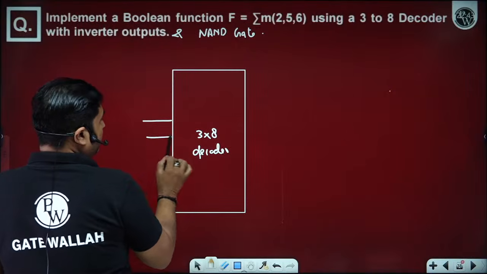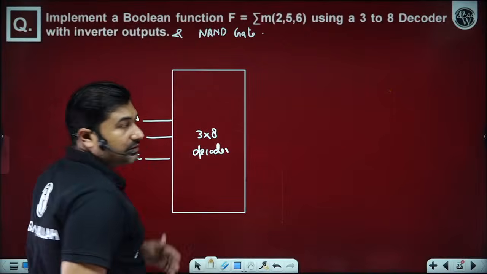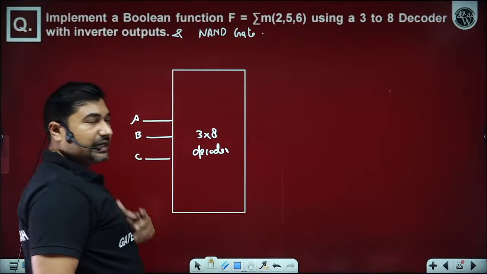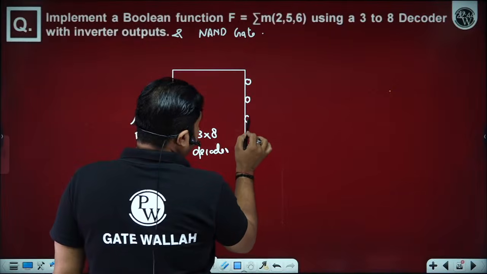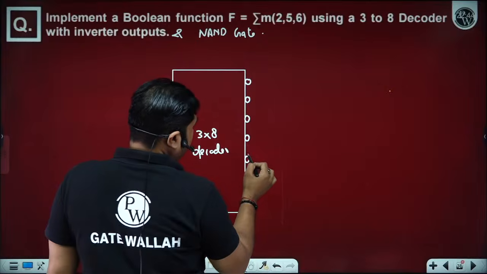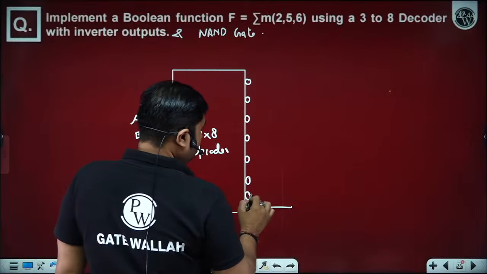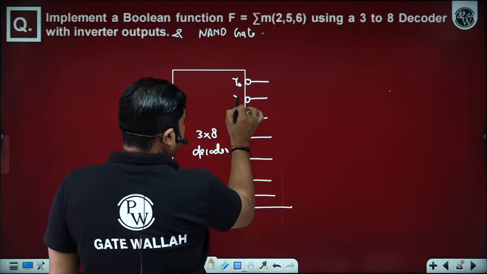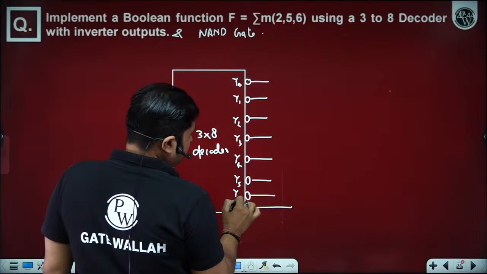So we have 3 inputs A, B, C, because the function is not defined in terms of A, B, C or W, X, Y. So you can consider the inputs as A, B, C and outputs Y0, Y1, Y2, Y3, Y4, Y5, Y6, Y7.